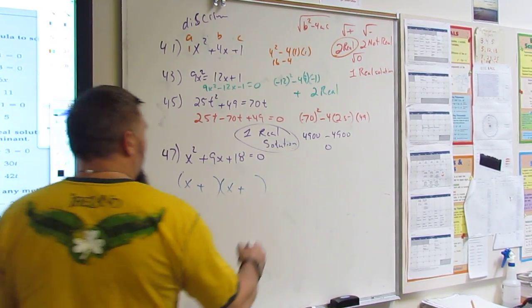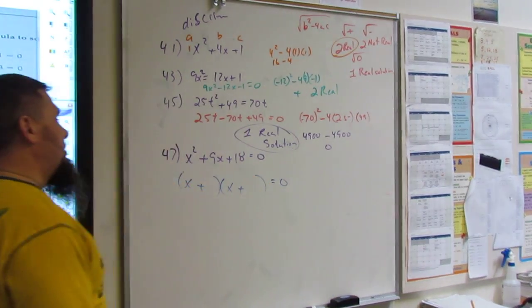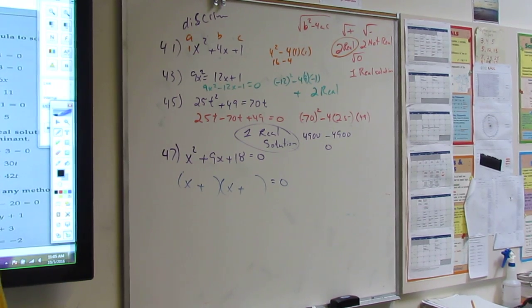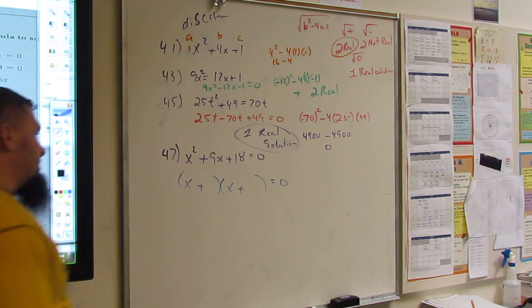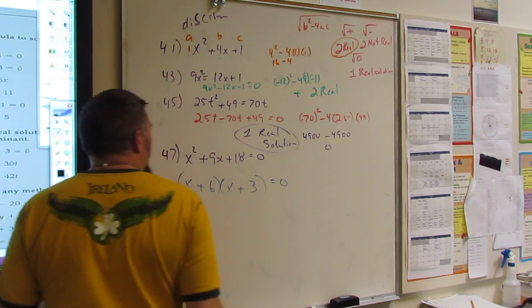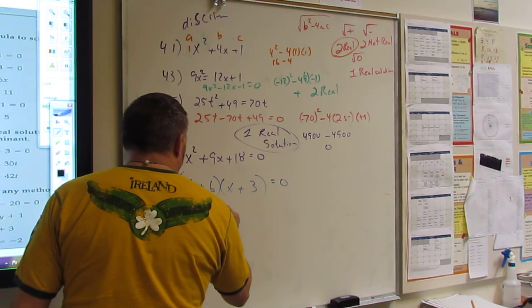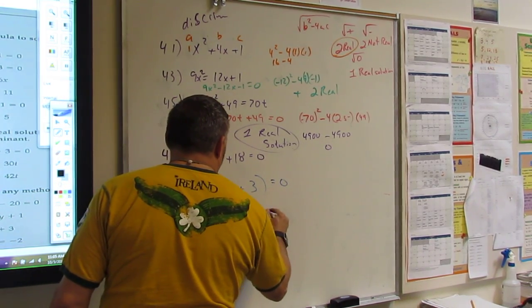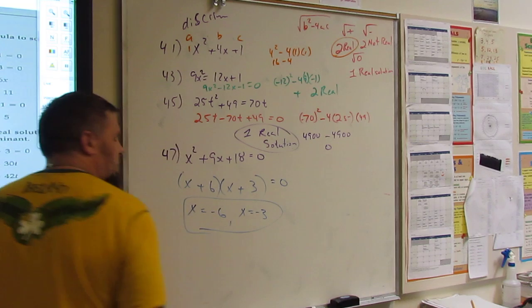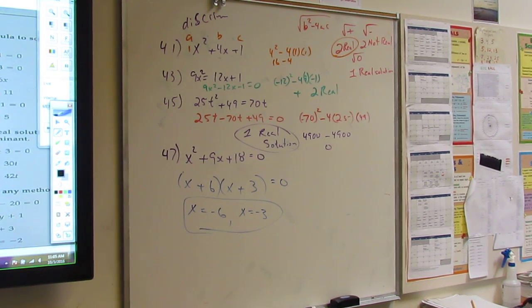Okay. So with this one, are there two numbers that multiply to be 18 and add to be 9? 3 and 6. Oh my God, how do you do that so fast? Okay. So then I have x is equal to negative 6 and x is equal to negative 3, and I'm done. Okay. It's that simple.